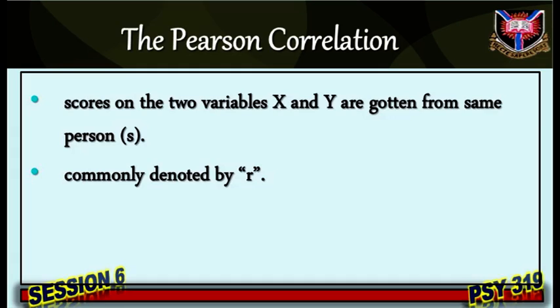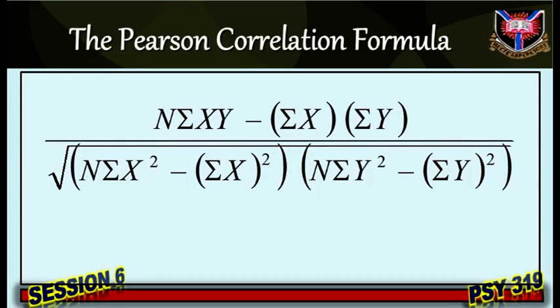It is commonly denoted by r, and to calculate the Pearson correlation, there is a computational formula for this. The computational formula is shown below. The degree of freedom, df, is equal to n minus 2.